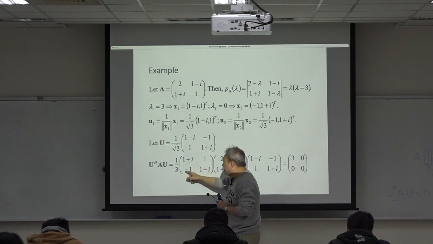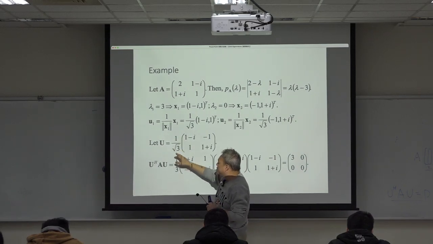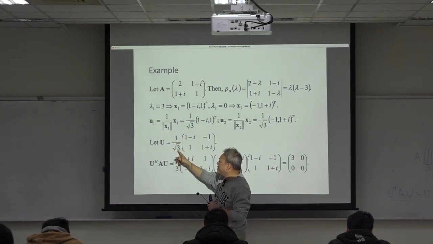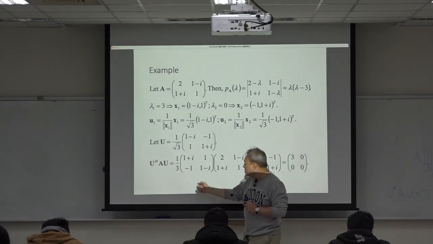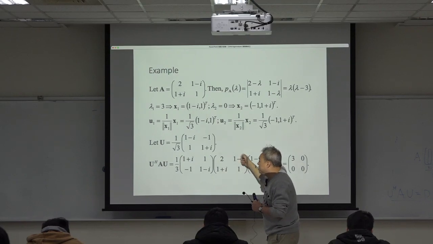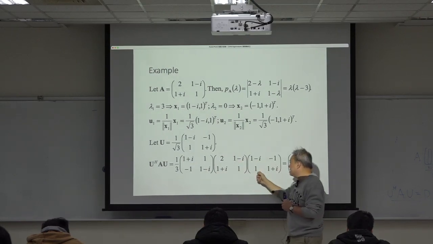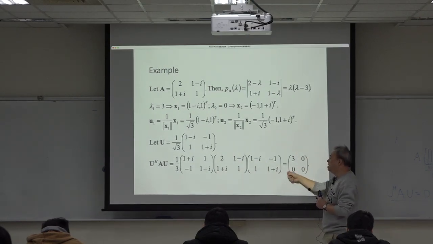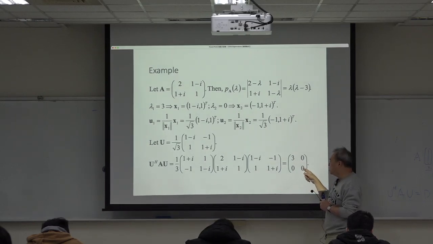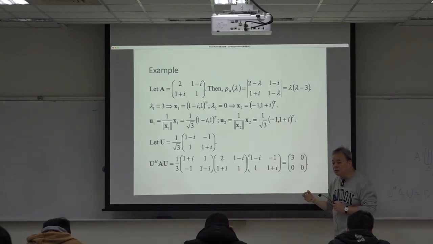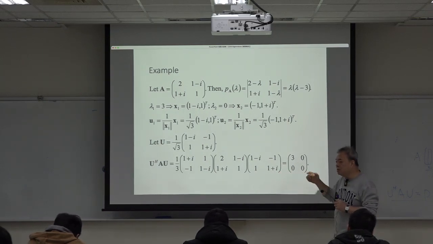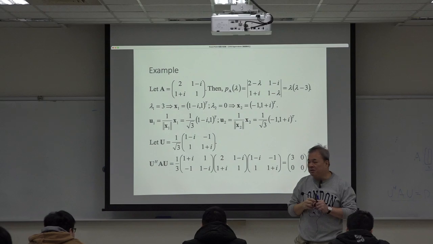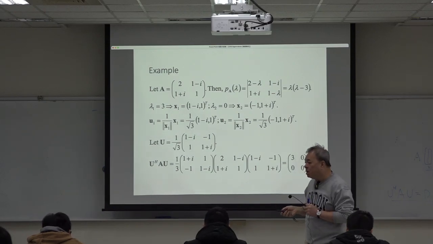You get this, and you have this other one. You multiply the two of these, you get 1/3, and A is in the middle. You multiply this together and you must get this one. The diagonal terms are the eigenvalues for the corresponding eigenvectors, 3 and 0. You can verify this by yourself.